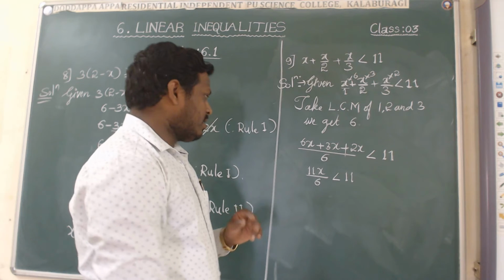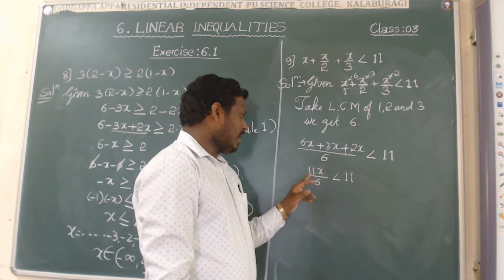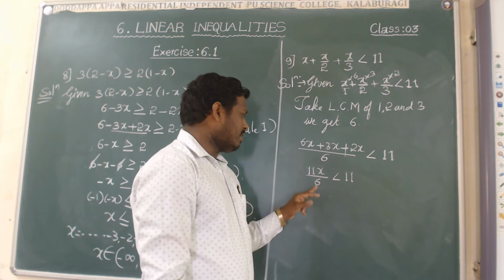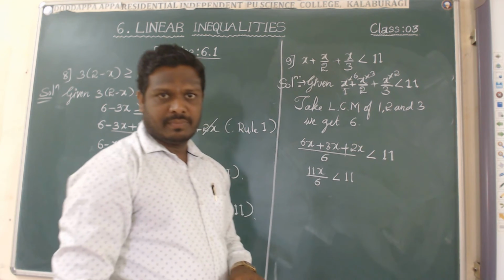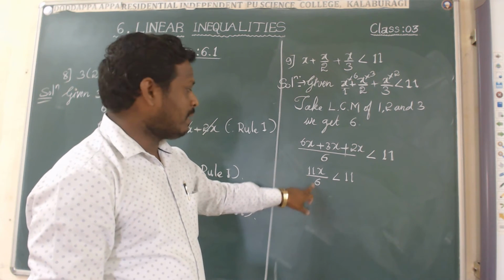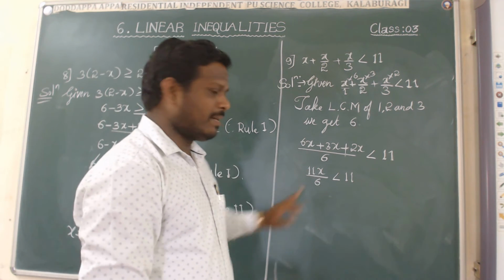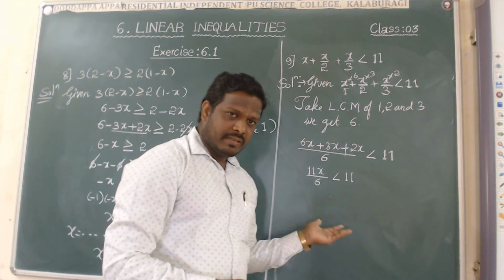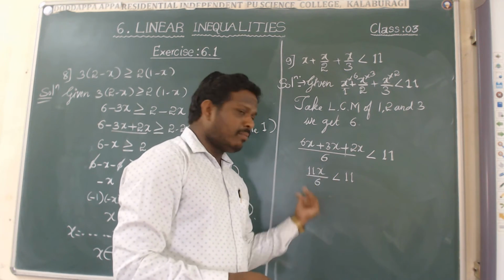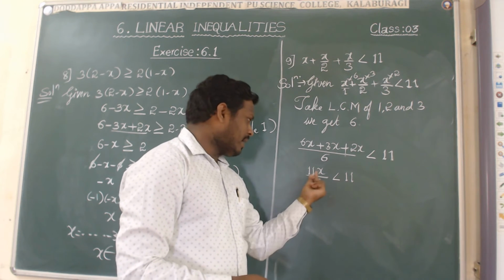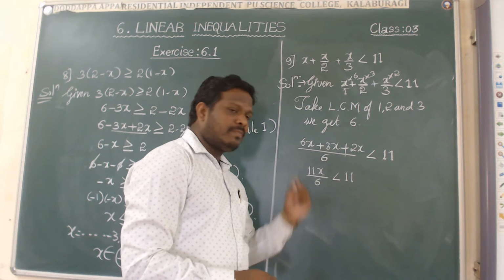So I am going to the next step. I want to remove the 11 and 6 at a time. I am going to multiply by 6 and divide by 11 on both sides of this statement. Otherwise, one by one you have to take. So at a time I am taking both. At a time I am going to simplify this to 1. I am making the coefficient of x positive 1.